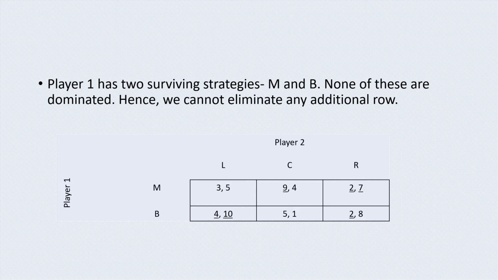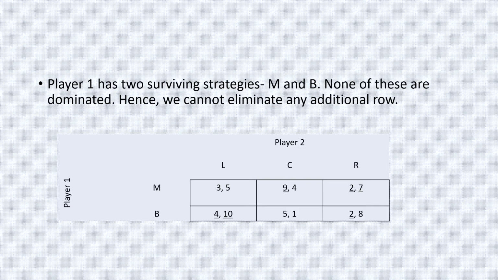If player 2 plays L, then player 1 gets 3 by playing M and 4 by playing B. Hence in this case, player 1 prefers B over M. Now if player 2 plays C, then player 1 gets 9 by playing M and only 5 by playing B. So in this case, player 1 actually prefers M over B. And finally, if player 2 plays R, then player 1 is indifferent between M and B. So there is no clear consistent ranking between M and B. Sometimes player 1 prefers M over B, but there are cases where this preference reverses.